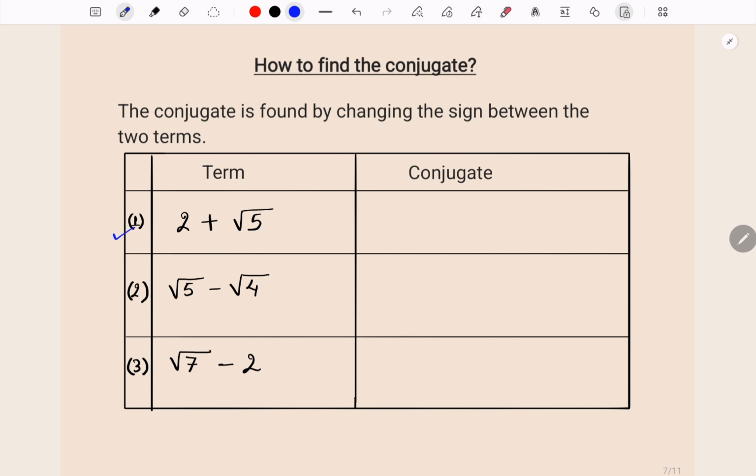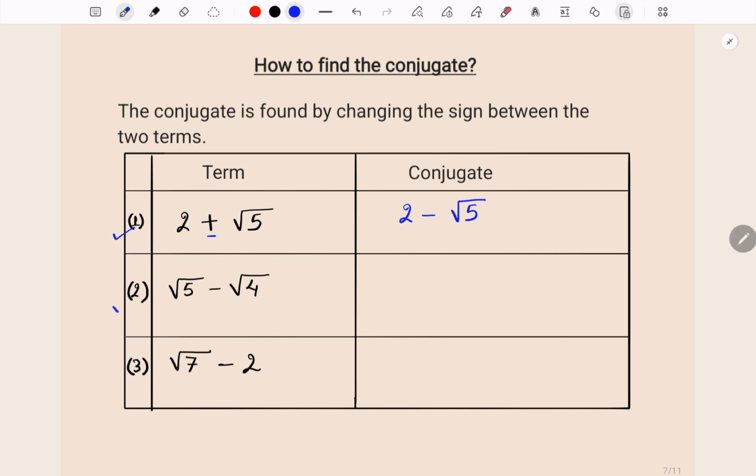To find its conjugate, we need to change the sign between the terms. So this positive sign will be changed to a negative sign. So it will become 2 minus root 5. So 2 plus root 5 has 2 minus root 5 as its conjugate.